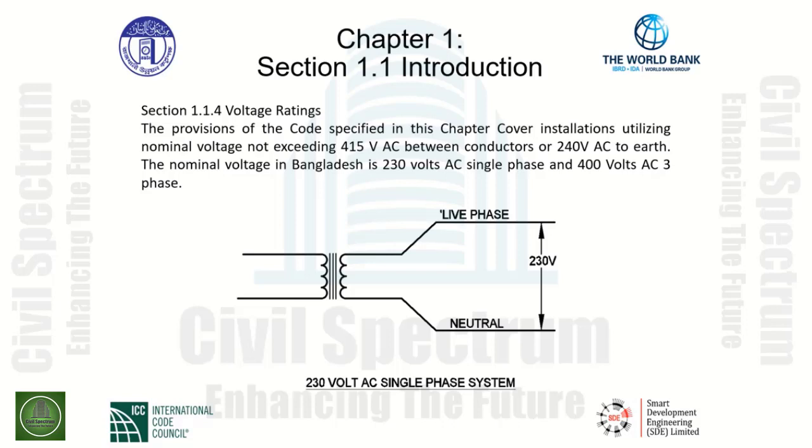The primary side will be a higher voltage, which is then reduced to a single-phase 230 volt alternating current system, as can be seen here in the graphic. We have a live phase and a neutral that is brought to the building for service regarding this single phase system.